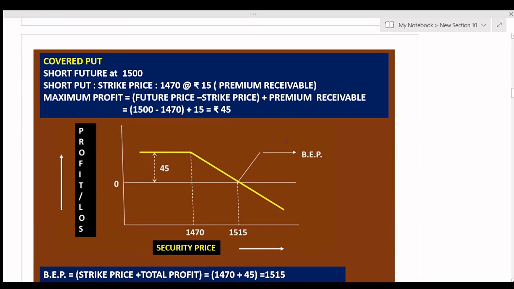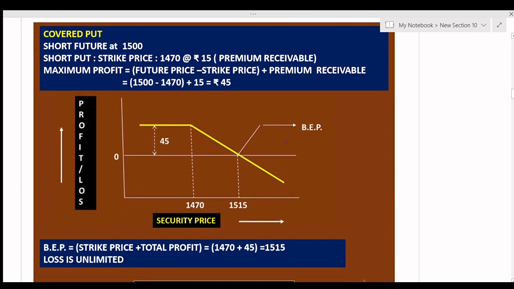Next comes covered put. Here there are two derivatives. One is a short future, with future price 1500, and the other is a short put option with strike price 1470. Here the strike price is a little less than the future price.